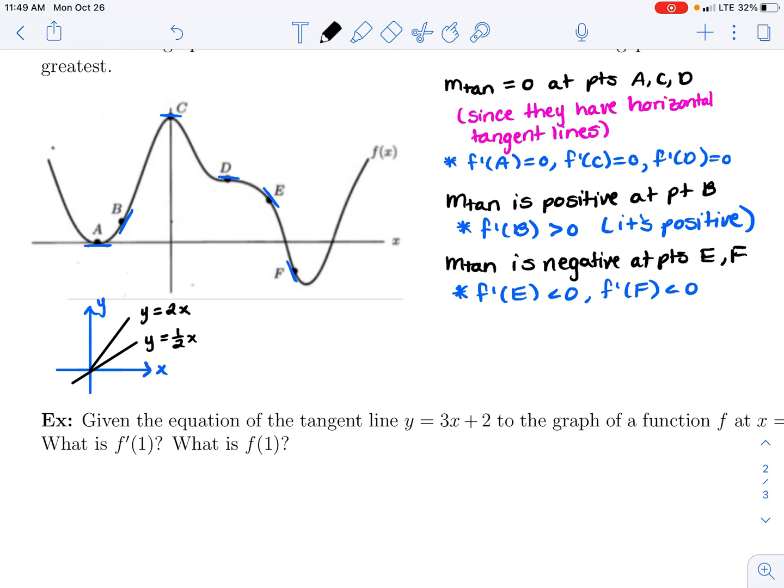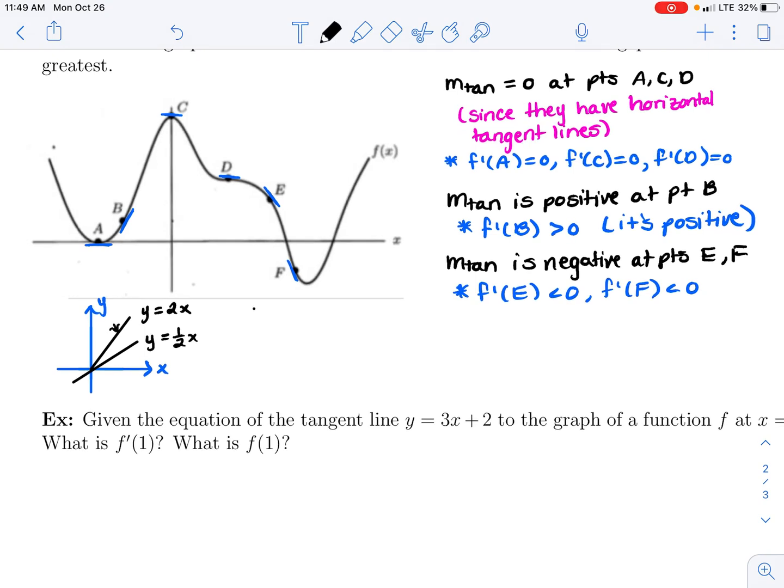You can physically see this if you put these two into Desmos. But the idea is that the bigger your number is when the slope is positive, the steeper your line is. So y equals 2x has a bigger slope than y equals 1/2 x, because numerically 2 is bigger than 1/2. And looking at the graph, you know this line has a bigger slope because it's steeper. That's the case when you have a positive slope.